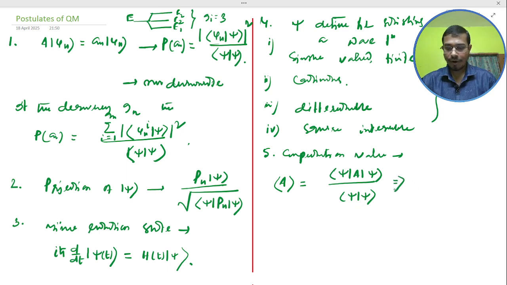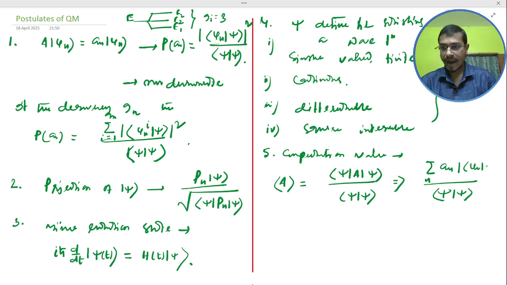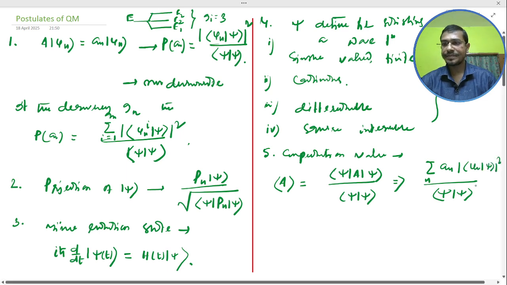This is written in the form of summation over n of a_n mod of the inner product of phi n with psi, squared, divided by the normalization of psi.